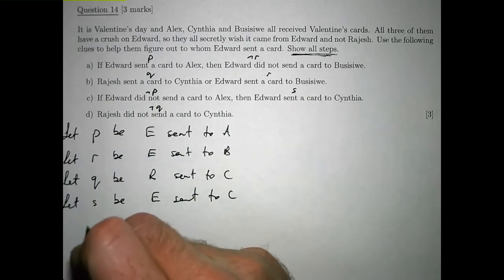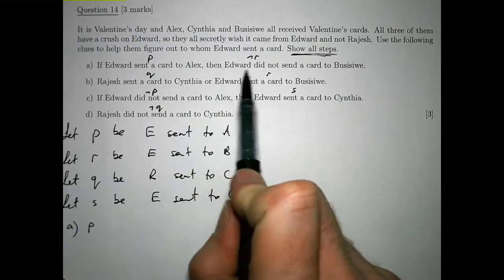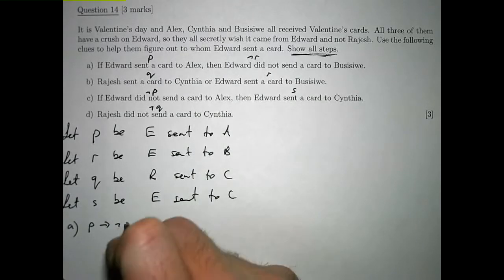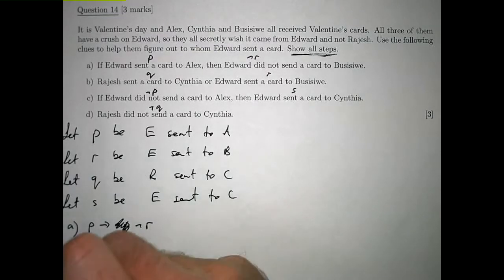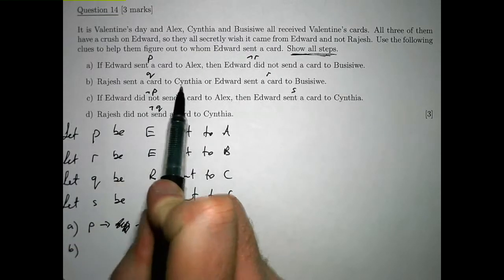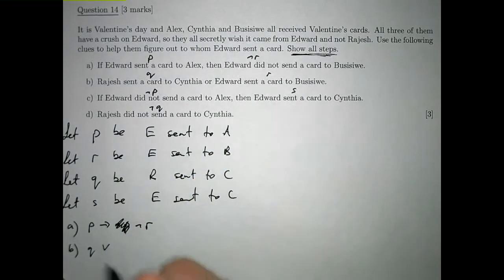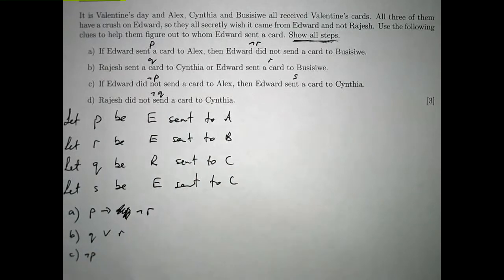Statement A: if Edward sent a card to Alex, if P, then Edward did not send to Busisiwe, so not R. P implies not R. Statement B, Rajesh sent a card to Cynthia, that's Q, or Edward sent a card to Busisiwe, that's R, so we've got Q or R. Statement C is if Edward did not send a card to Alex, so that's not P, then Edward sent a card to Cynthia.